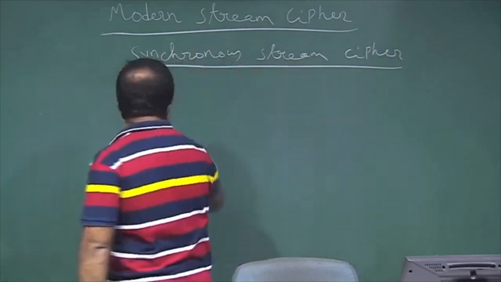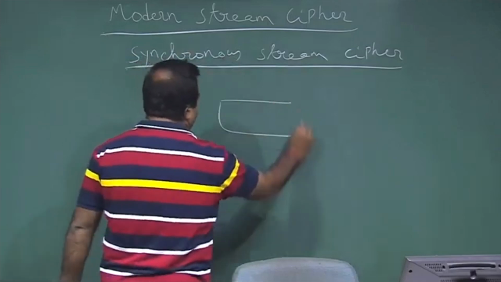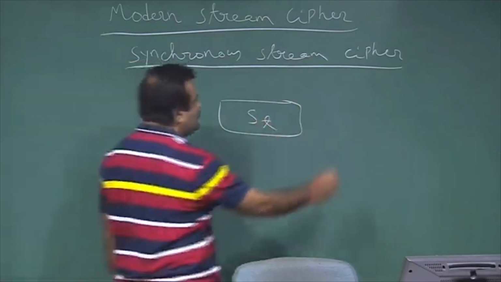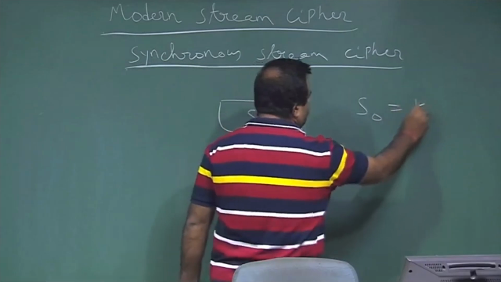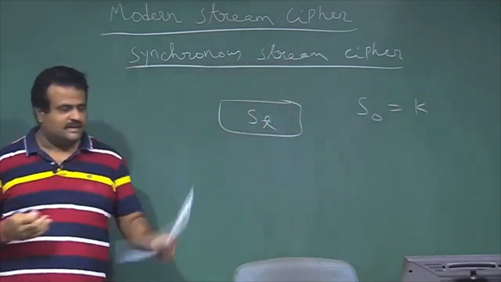In a synchronous stream cipher, we have a finite state. It could be some state ST, which is initialized by the secret key shared between Alice and Bob, the receiver and sender.